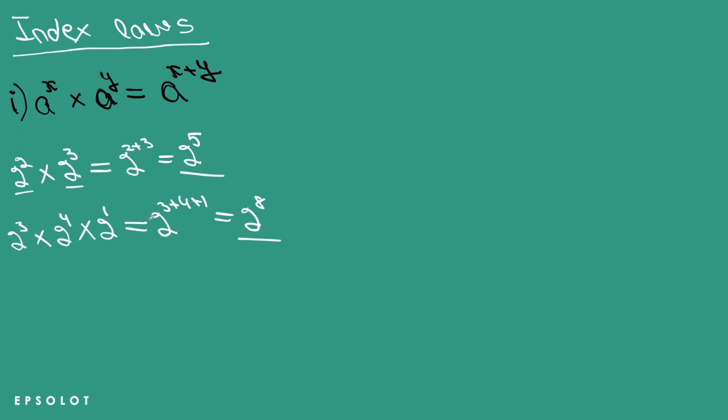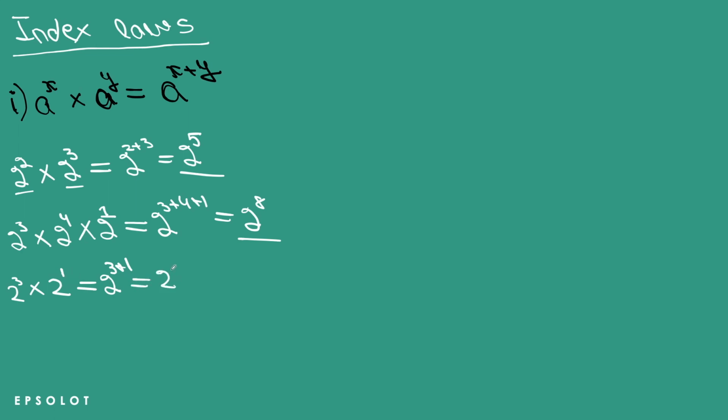The most important thing to remember is that in this exponential, the very last one is being raised to the power of 1. Do not forget that. That is where many people make mistakes. For example, if someone wrote 2 to the power of 3 multiplied by 2, a lot of people just write 2 to the power of 3, but in reality it is 2 to the power of 3 plus 1. Never forget this invisible 1 that you have on all these numbers.